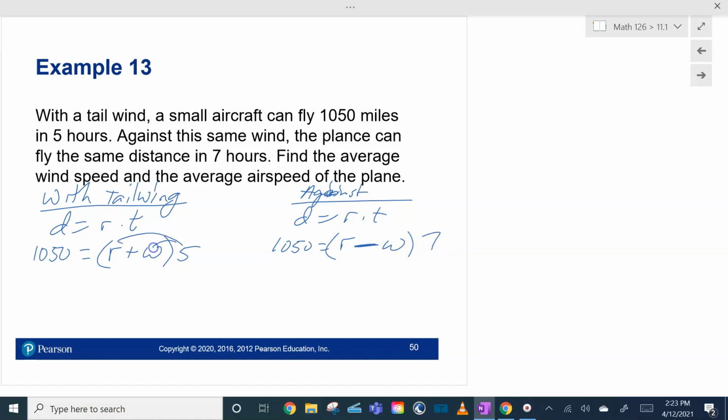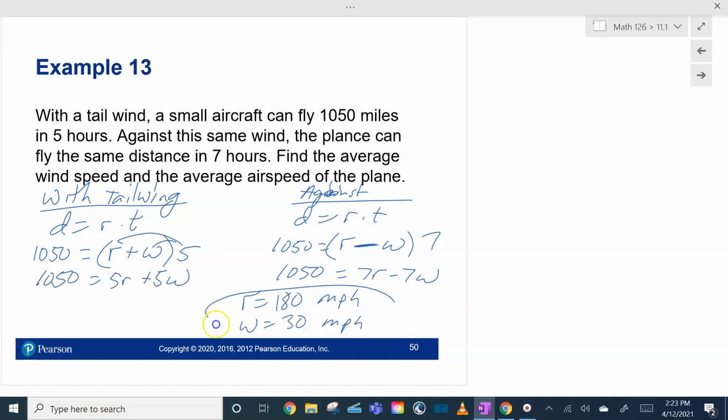Okay, so what you have here is 1,050 equals 5r plus 5w, and 1,050 equals 7r minus 7w. And then you can just solve that by elimination or substitution, however you want. And you'll end up with your rate, the airspeed of the plane, being 180 miles per hour. And then the wind speed, which is either with you or against you, ends up being 30 miles per hour. Okay?